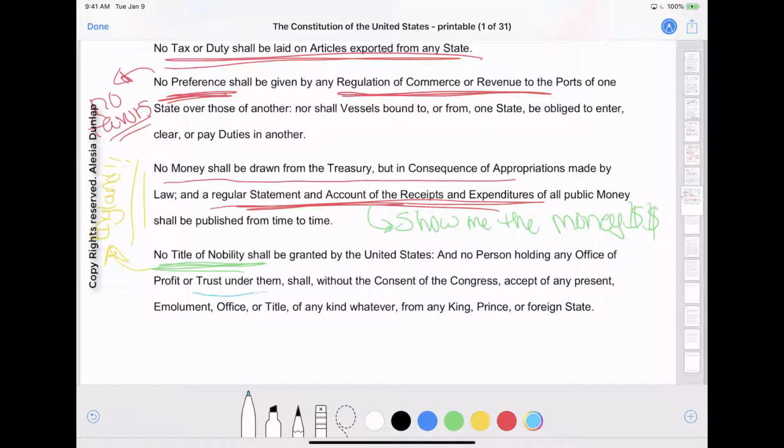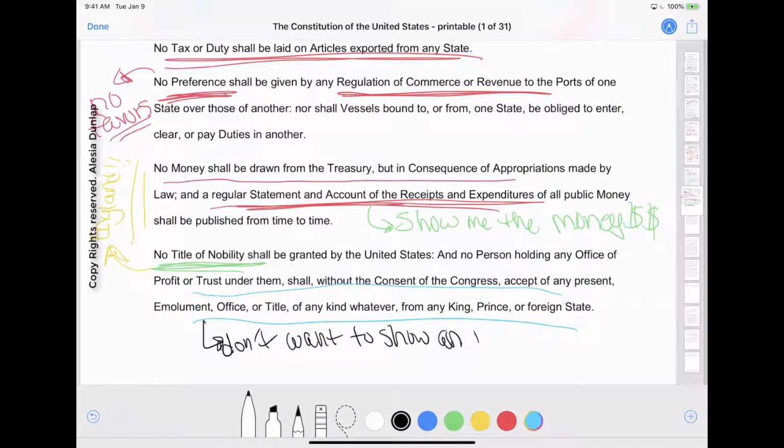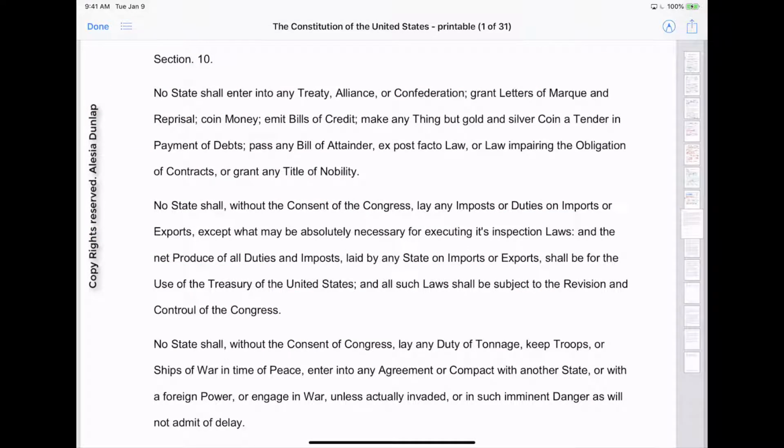Because we don't want to show any impropriety. We know what Congress can and cannot do.